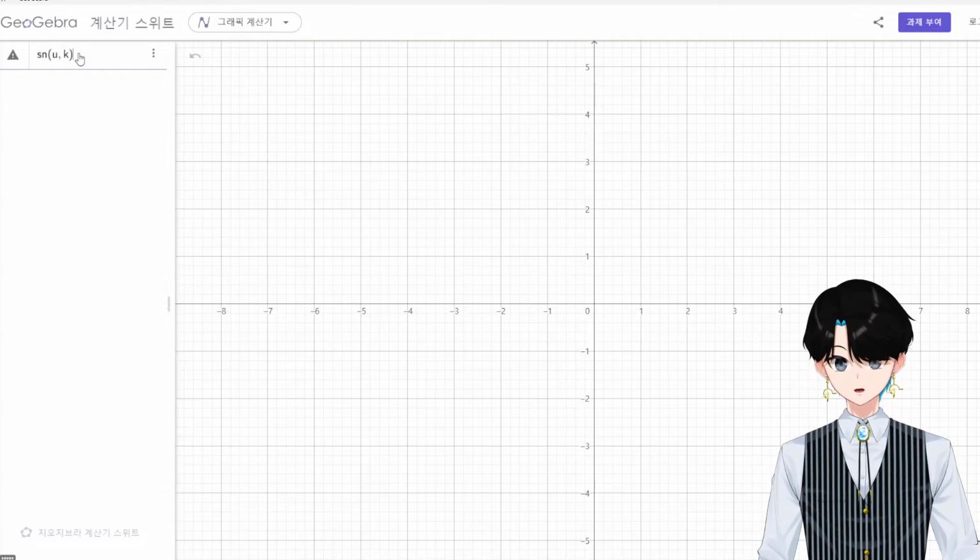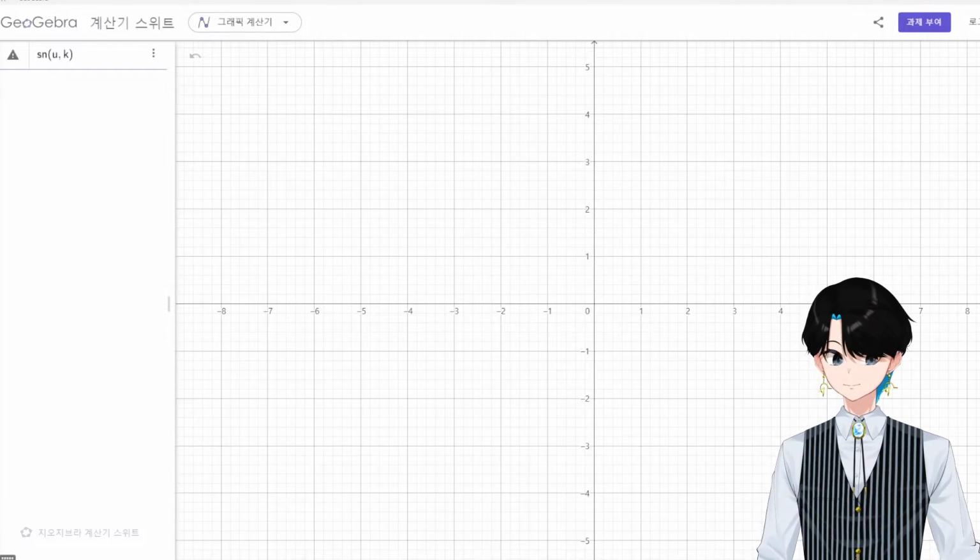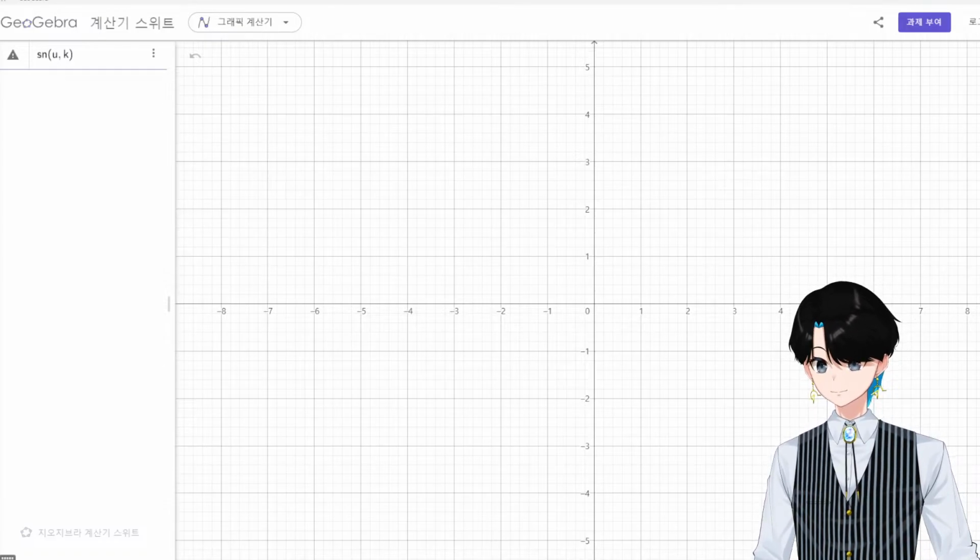This would yield nothing, right? Jacobi elliptic function in GeoGebra. Is there an easy way to plot Jacobi elliptic functions?